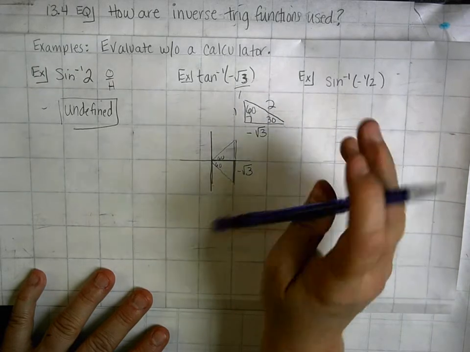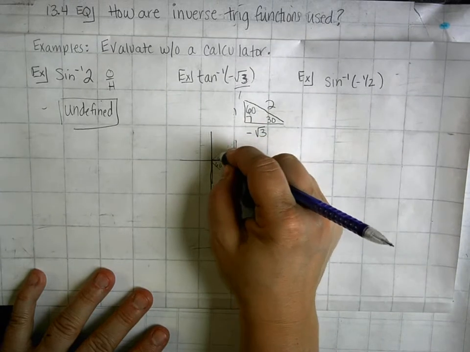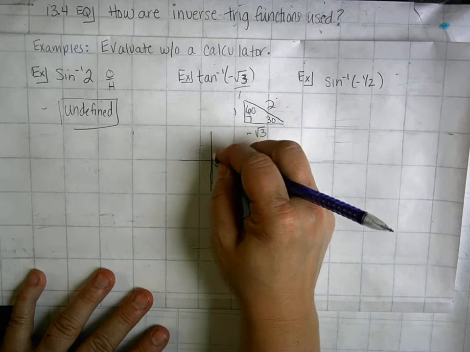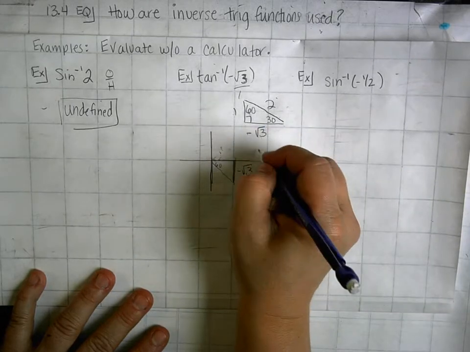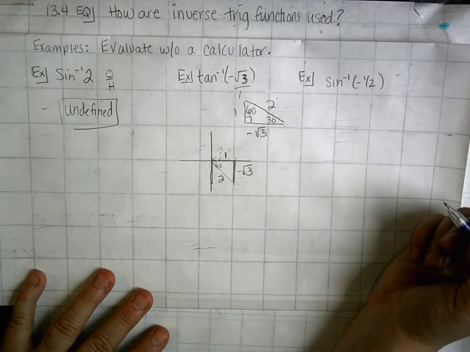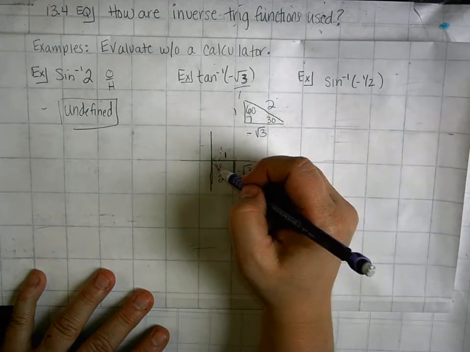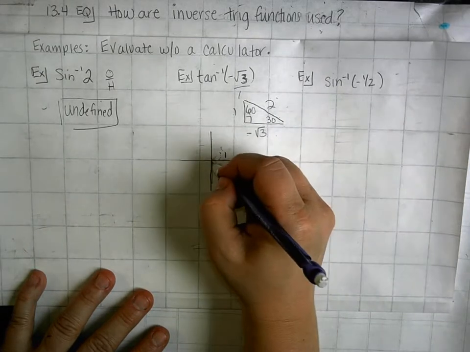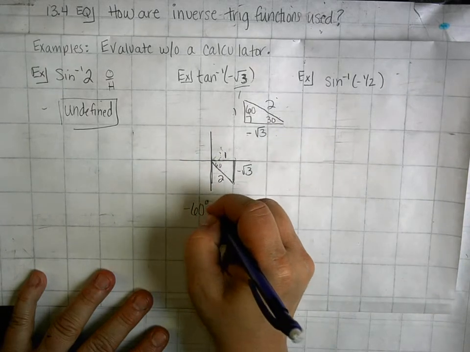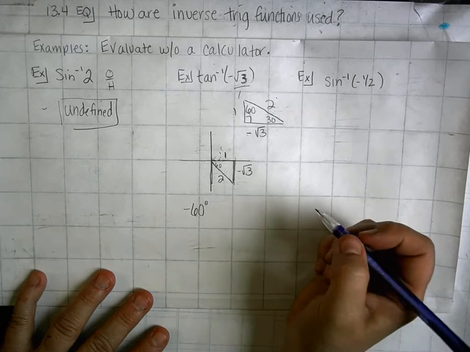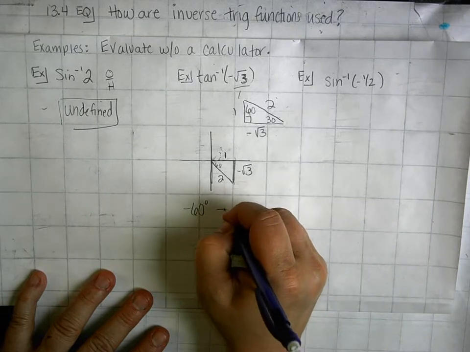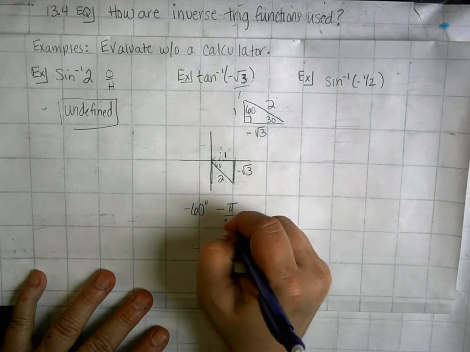Okay? So we would be thinking about an angle in quadrant 4. And this adjacent side would be 1 and the hypotenuse would be 2. So what angle? We could either write this as negative 60 degrees, and as radians, that would be negative pi over 3.